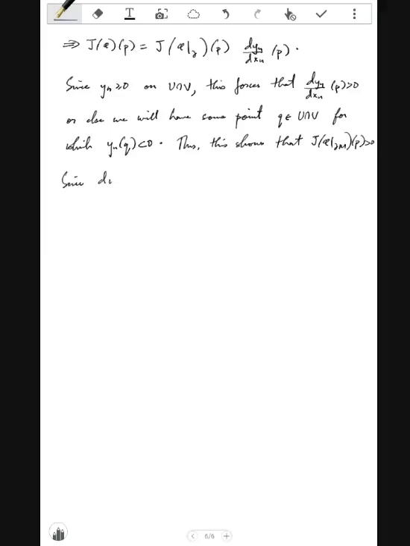Since dy1 wedge to dyn minus 1 at P is equal to J phi restricted to the boundary of M at P times dx1 wedge to dxn minus 1 at P, this implies that star holds. Thus, boundary of M is orientable.